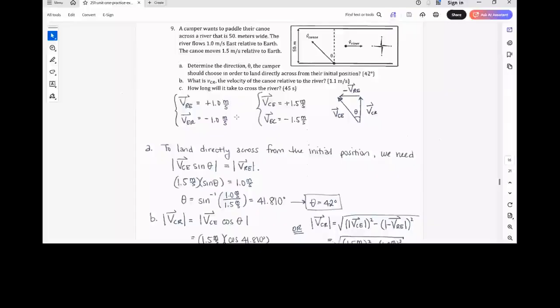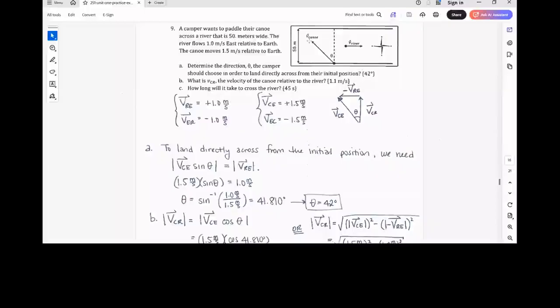So VCE, if that's a positive 1.5 meter per second, I know VEC is going to be negative 1.5 meters per second. And the fact that the canoe is angled backwards here, or into quadrant number 2, that's not going to have an impact on how I can invert my reference frames when I flip from canoe relative to Earth and then Earth relative to the canoe.